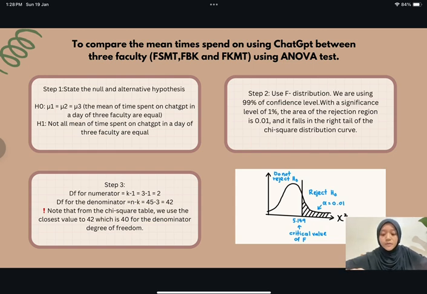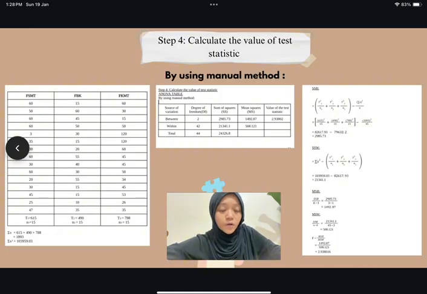For the denominator, n minus k, which is 45 minus 3 equals 42. Note that from the table, we are using the closest value to 42, which is 40, for the denominator degrees of freedom. Step 4, we are going to calculate the value of the test statistic.